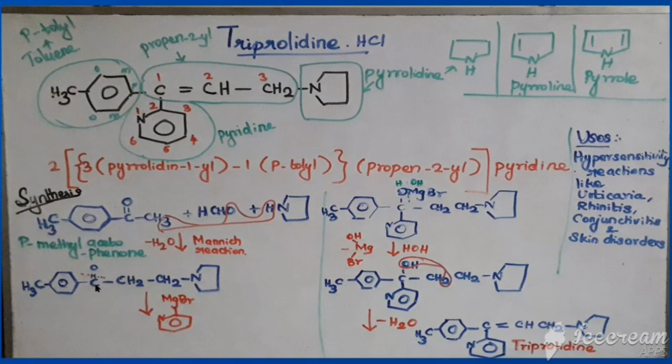So with one end of the carbon, OMgBr would be attached, and with the other end, this pyridine would be attached. Then it undergoes hydrolysis. So MgOHBr is removed, and we are having only OH here. Then on dehydration, OH and this H are removed as water. So we are getting a double bond to satisfy the valency of these 2 carbons. So that is called triprolidine, and we'll see the uses.